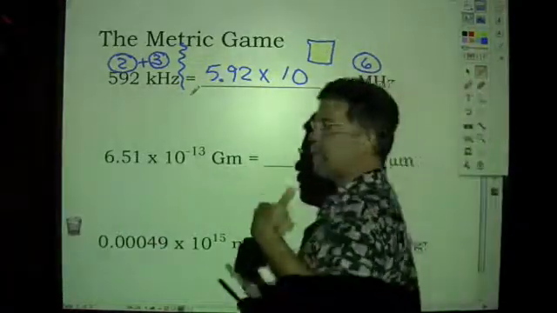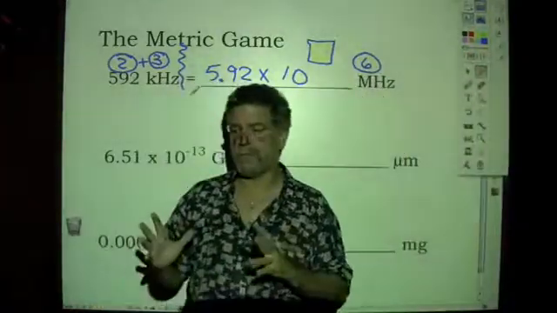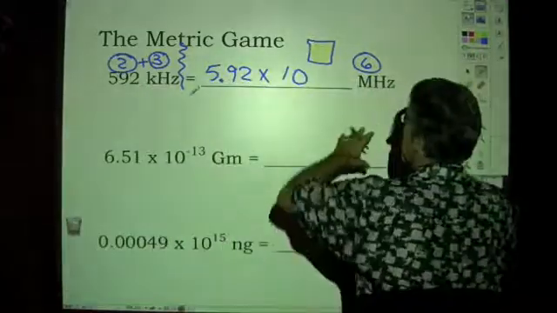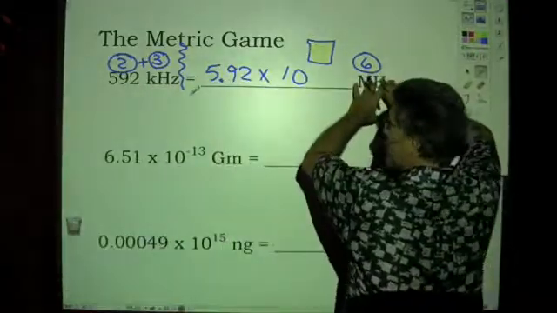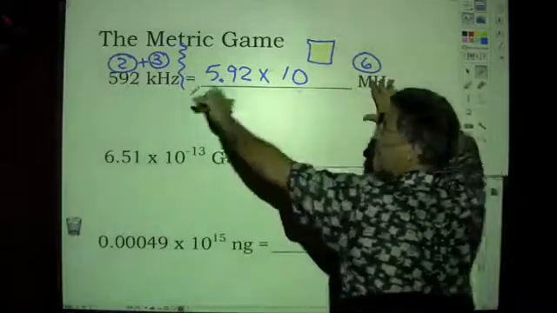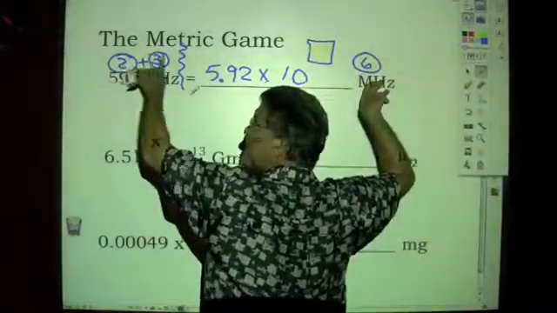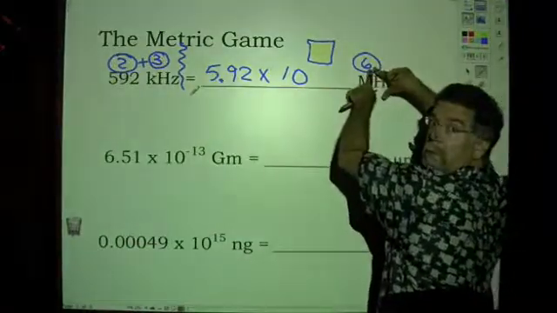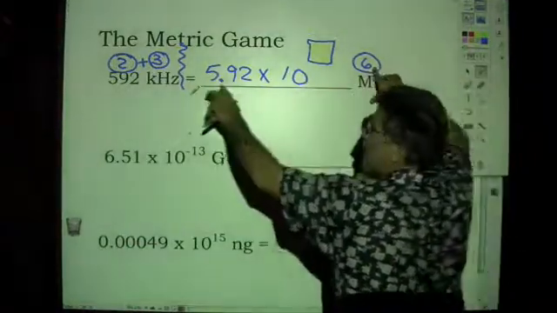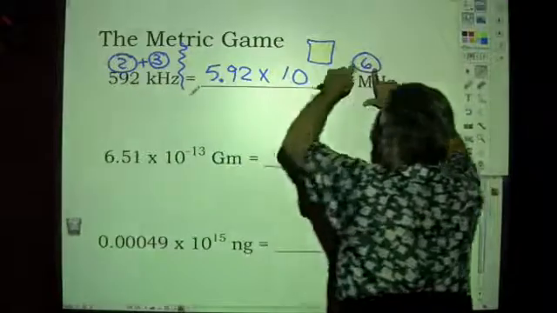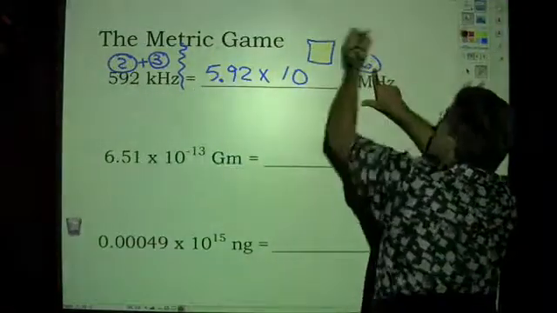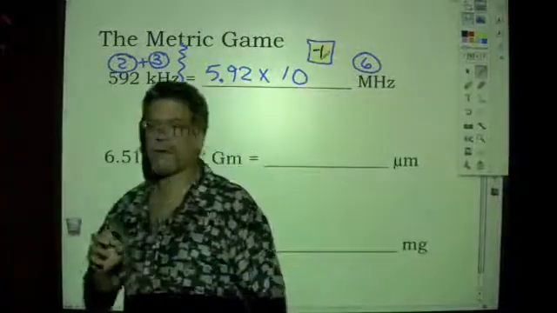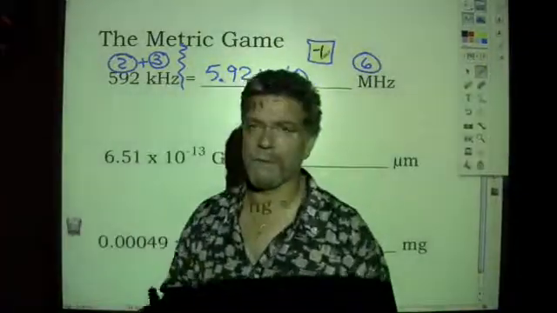I want to say, well, that's too big of a number. I want to make it so it's in the megahertz range for whatever reason. So what you do is you add these up, and then you subtract what's over here. And so on the power line, I got 5 minus 6, or my answer is -1. So it's 5.92 times 10 to the negative first megahertz.